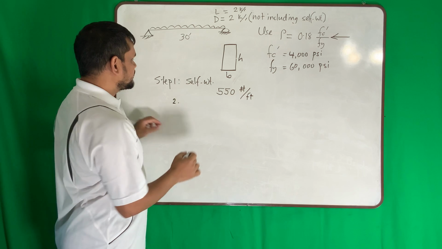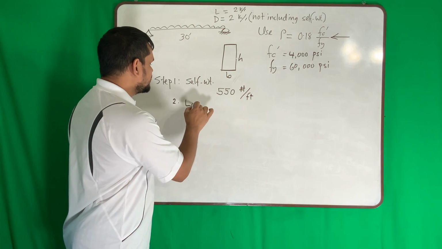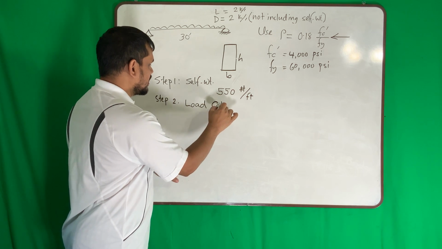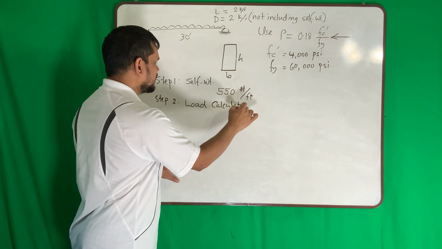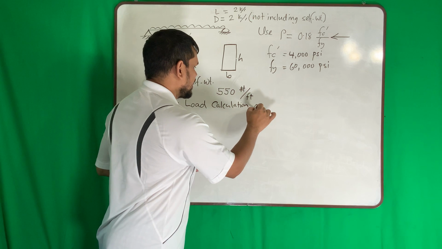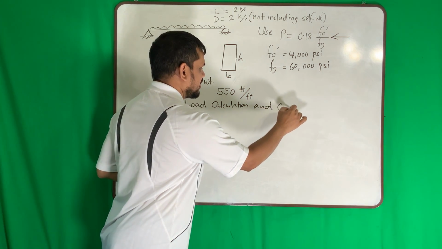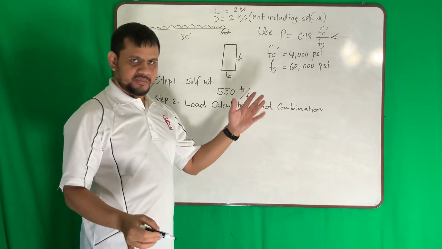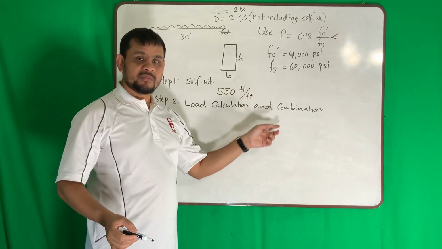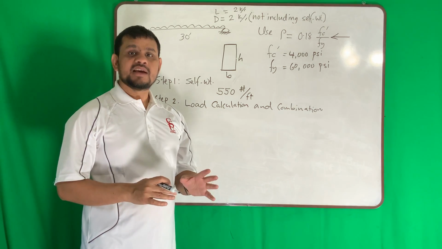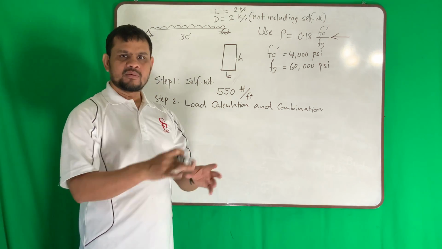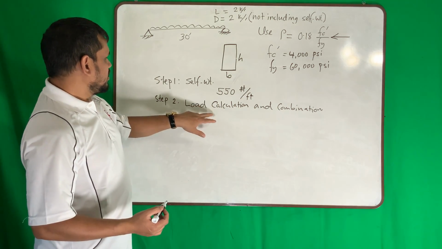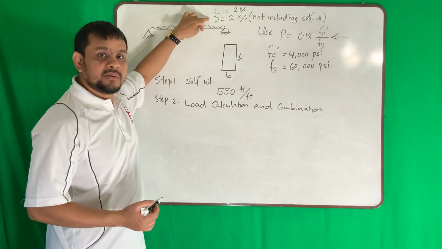Step number two. Once I know self weight, I will do my load calculation. Load calculation and combination. In another video, I discussed what is load combination, as ASCE recommended different combinations and different factors. Okay, so you saw that. Load calculation, but load is already given in this problem.